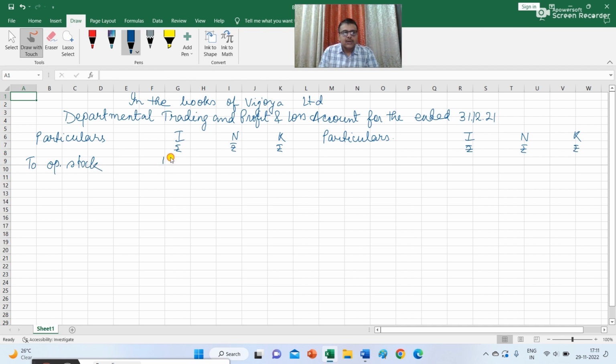Opening stock, rupees 13,500, 18,000 and 27,000. Next we have material consumed.